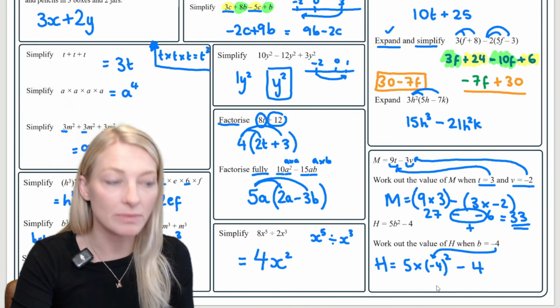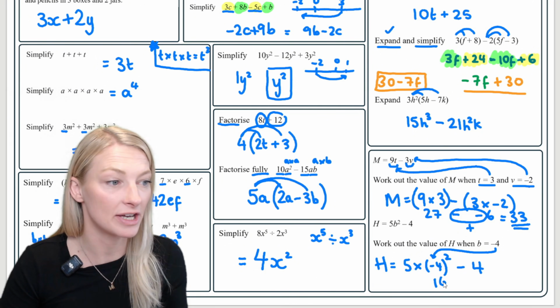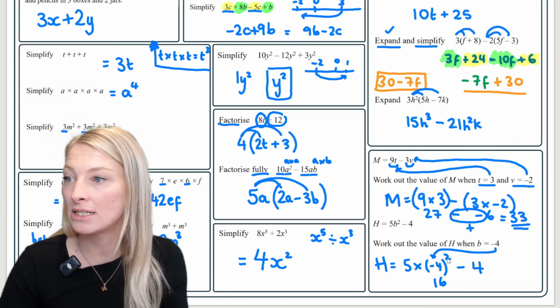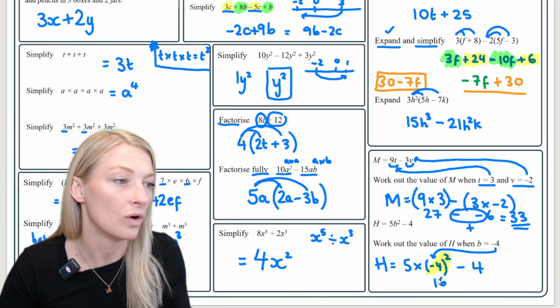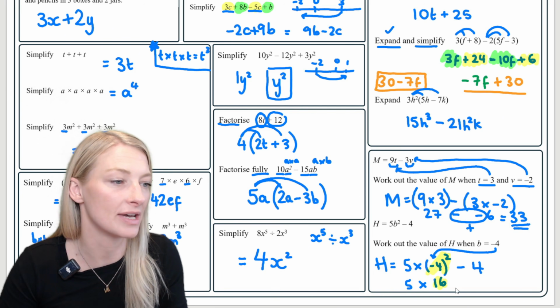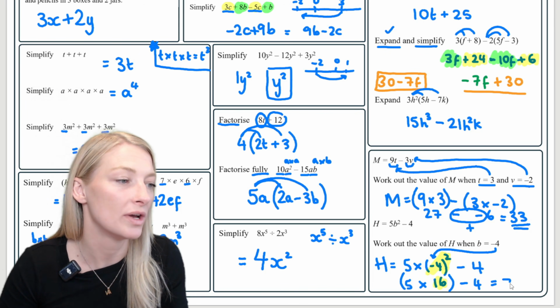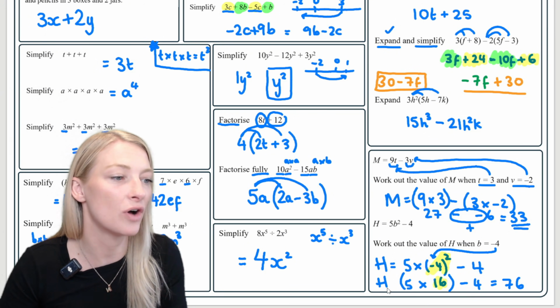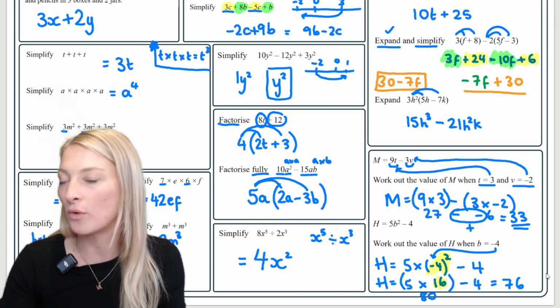So minus 4 times minus 4 is a negative times a negative, which is 16. That's the first bit I'm doing. Minus 4 squared is 16. This bit here has a value of 16. Now I'm going to multiply it by 5. So 5 lots of that is 80. And then take away 4 is 76. So 5 lots of 16 is 80. That was how we got that bit there. Take away 4 is 76.